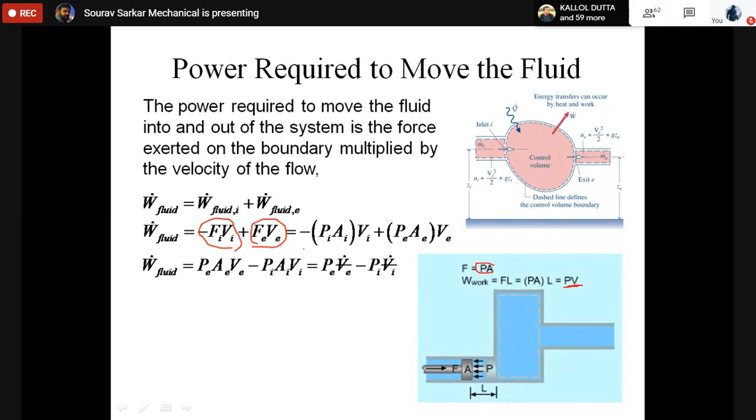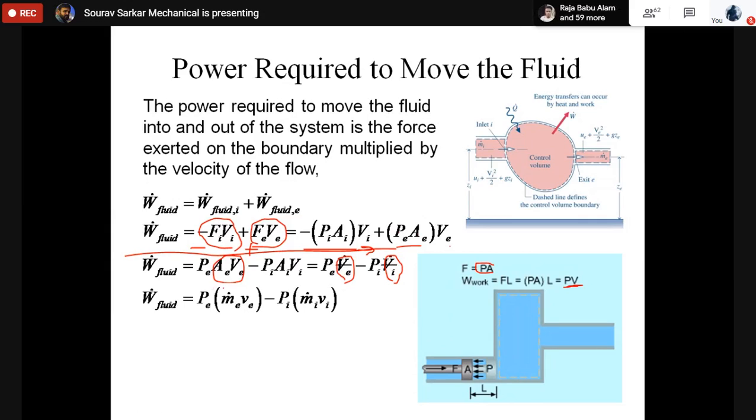So if I expand the force, it becomes pressure into area into velocity. Similarly here also, the same thing: pressure into area into velocity. Now area into velocity becomes the volume flow rate, which is equal to Q or V dot. So this is compression, that's why it is negative, and this is expansion, that's why it is positive. So this is the other part of the work.